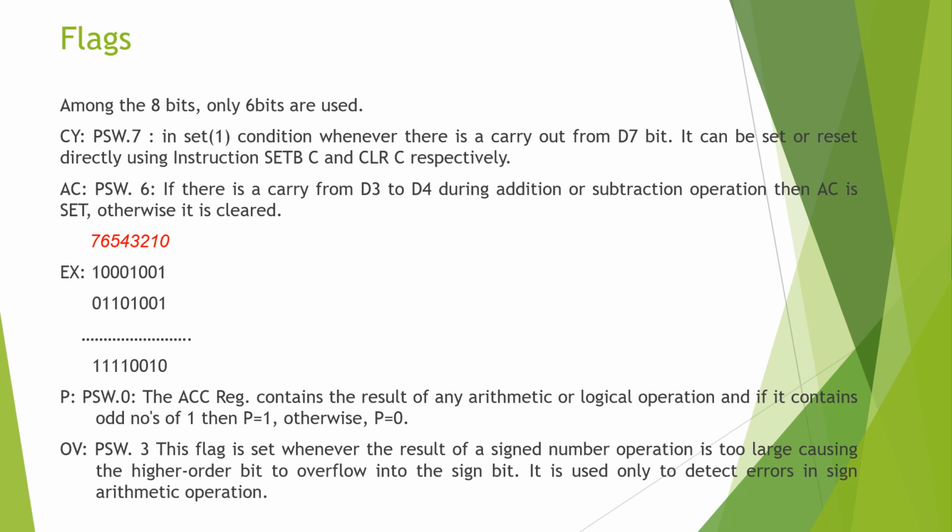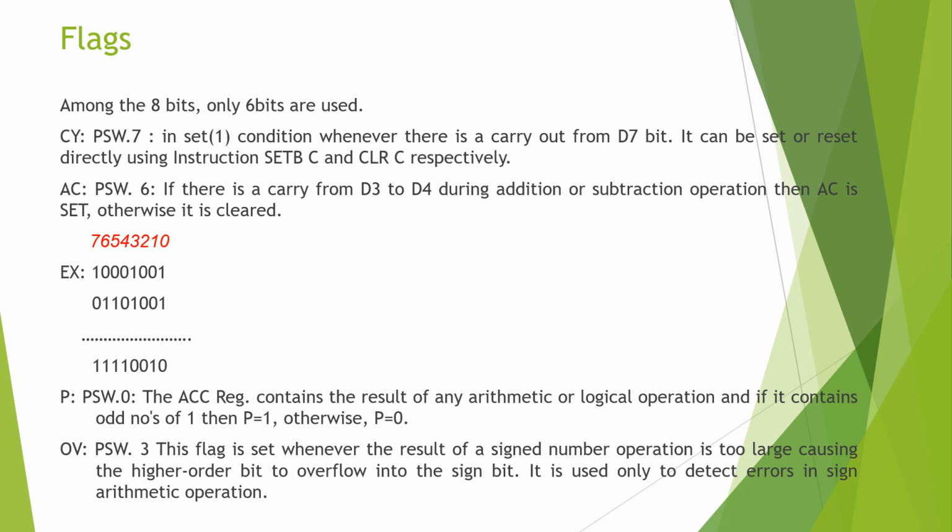When we add these two bits, 1 plus 1 means 0, and it will generate a carry which overflows to the D7 bit. And we know that in signed arithmetic, D7 is reserved for the sign. But here, when we add the two numbers, a carry is generated from the D6 bit to the D7 bit, that means it will overflow the sign bit, right?